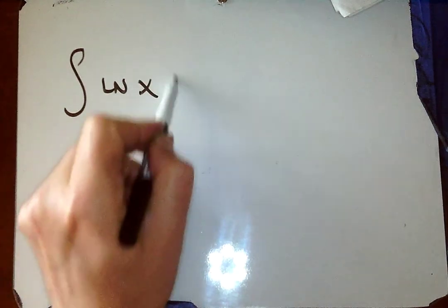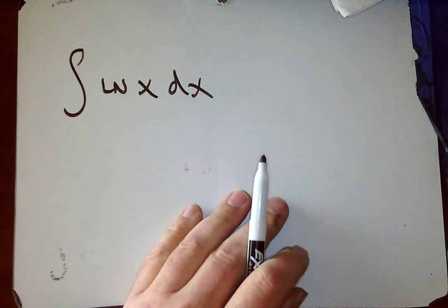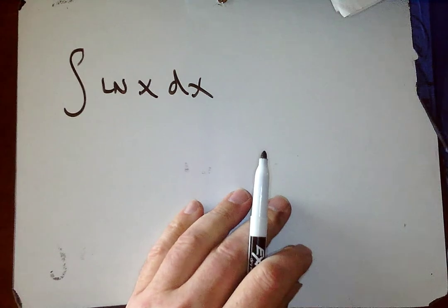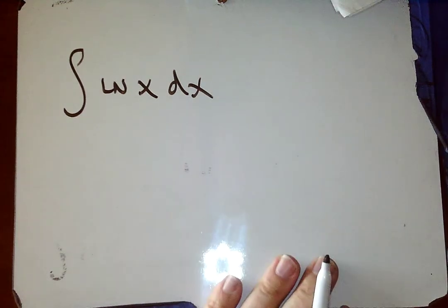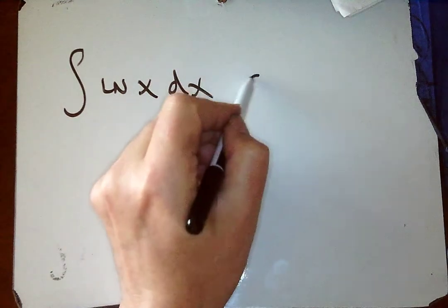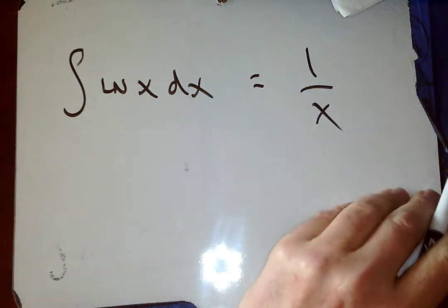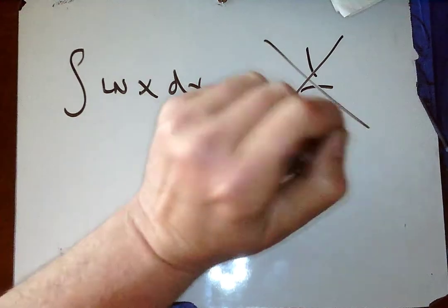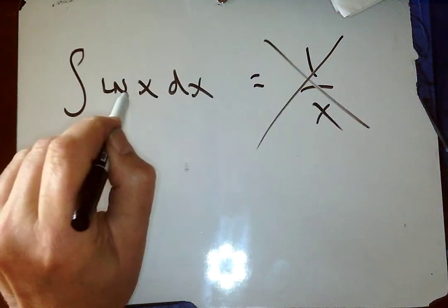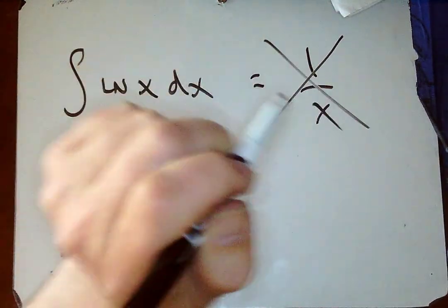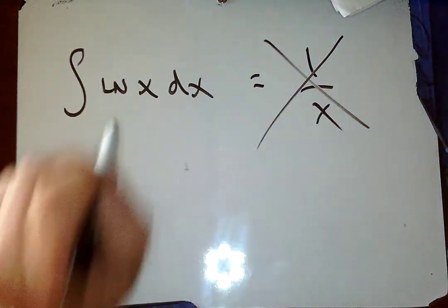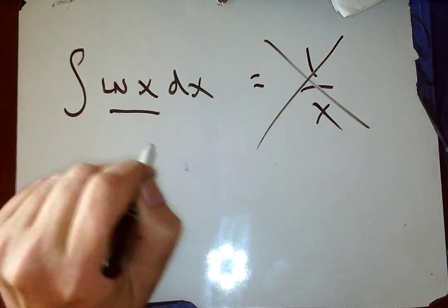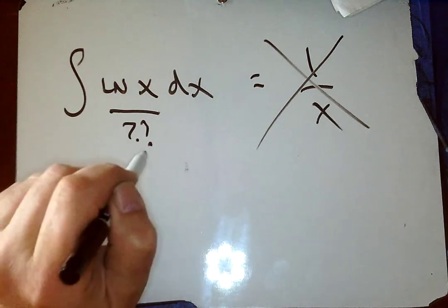Let's go. How about this one? The integral of ln of x dx. 5, 4, 3, 2, 1. I just went that fast because I wanted to see how many of you would say this. And that is so completely wrong. This is the derivative of that. But I'm looking for the antiderivative of that. This is someone's derivative. Whose derivative are you?